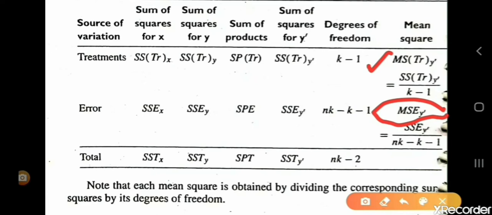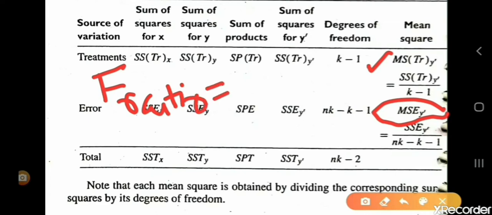Again, we will calculate the F ratio at a given significance level by dividing the adjusted mean sum of square for treatment by the adjusted mean sum of square for error.